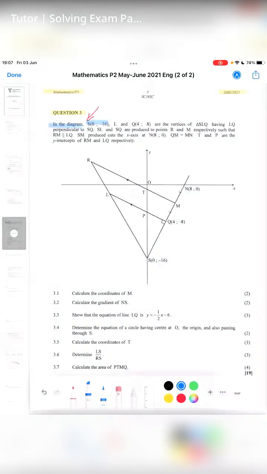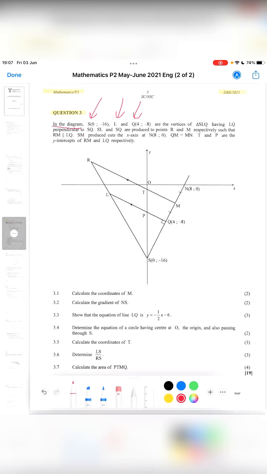Ladies and gentlemen, it is very much important that for every sentence you are given, you must be able to interpret it. So they're talking about a diagram with these coordinates or points S, L, Q.